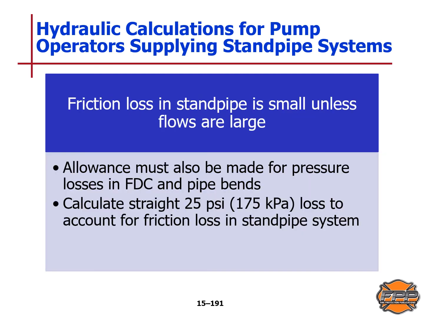Friction loss in a standpipe is small unless flows are large, so allowance must also be made for pressure losses in the FDC and pipe bends. Calculate a straight 25 psi or 175 kilopascals loss to account for friction loss in the standpipe system.